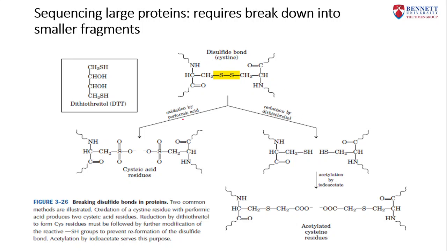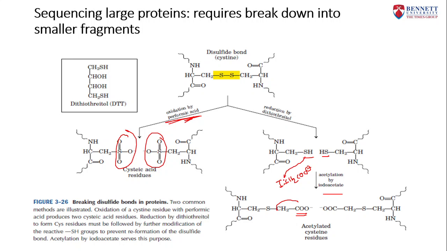Cysteines can be broken either by oxidation with performic acid, which forms sulfonate residues, or they can be reduced with dithioerythritol, which gives SH groups, and then acylated by iodoacetate. Iodoacetate is ICH2CO minus, which has an electrophilic carbon.